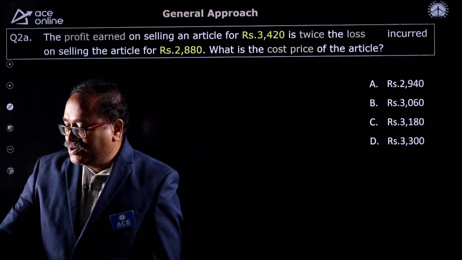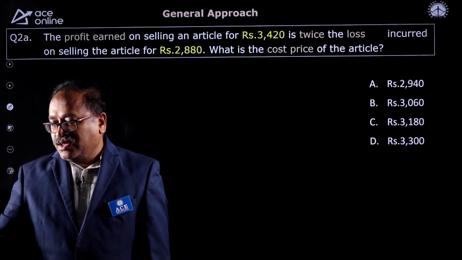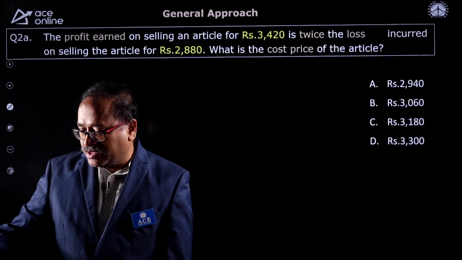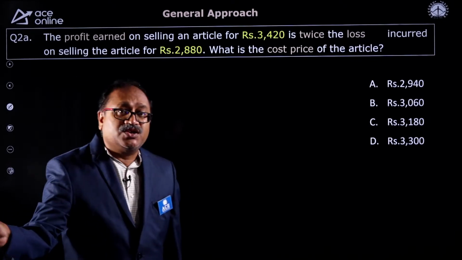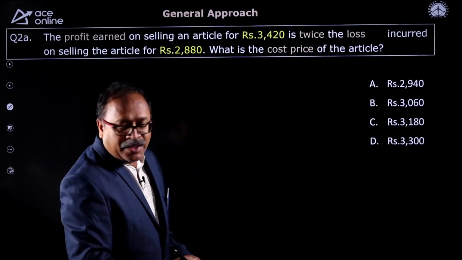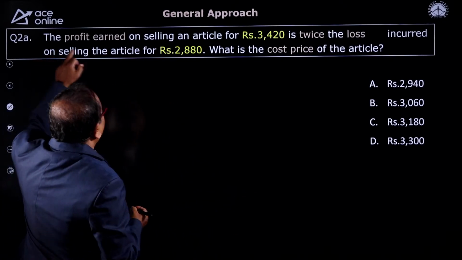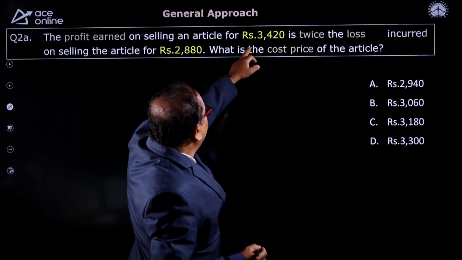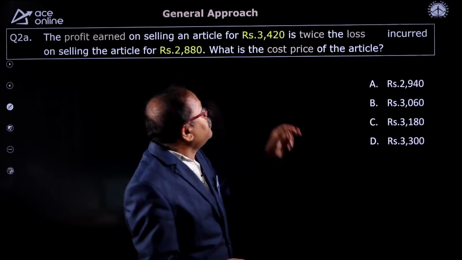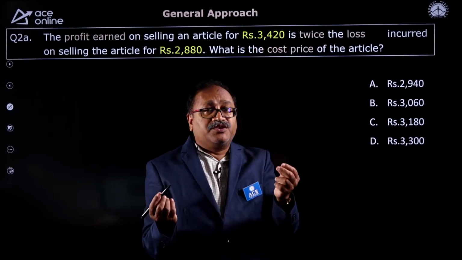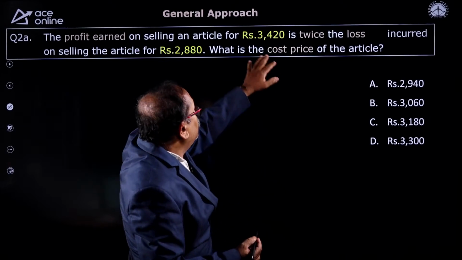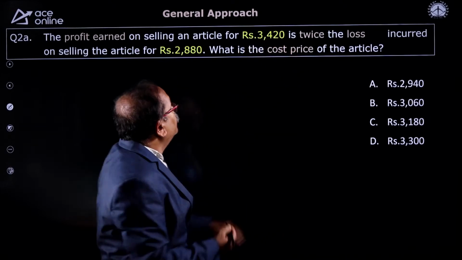Can I answer this question with 2 different methods? One is from the very basic approach. The other one is the short method, magical method, whatever you call it, my friends. Now, I noticed that this is the selling price. Let the cost price be C. From the selling price, if I take out C, I will get the profit, because in this selling price there is a profit.